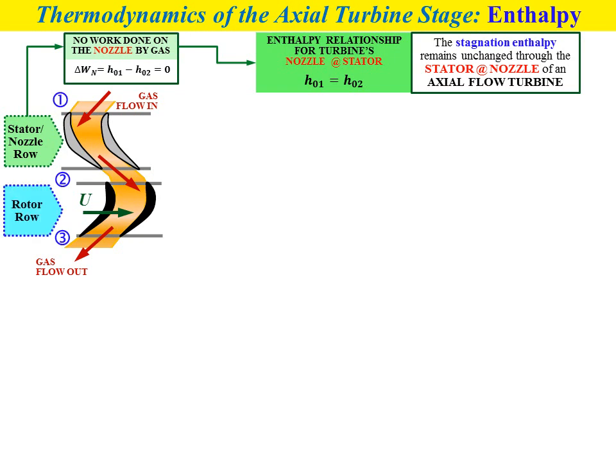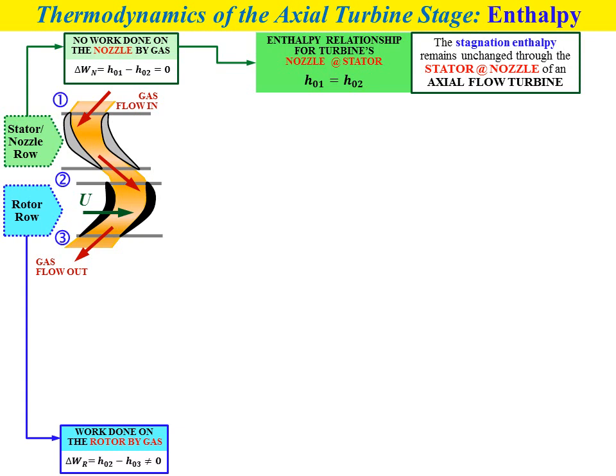However, for the rotor row, because it involves rotational movement, rotational speed, the work done on the rotor by the gas will not be equal to 0. So we will have work done on the rotor by the gas in the rotor row.